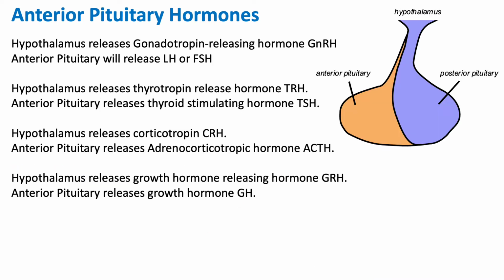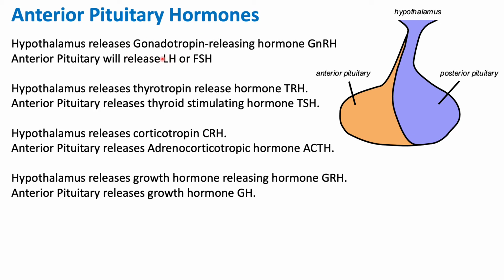Now here I'm quickly going to go over the hormones that are used to control the anterior pituitary and what the anterior pituitary releases as a result, and then we'll go into details about what each hormone actually does when it's released into the body. Now, first off, when the hypothalamus releases gonadotropin releasing hormone, the key word over here is gonad.